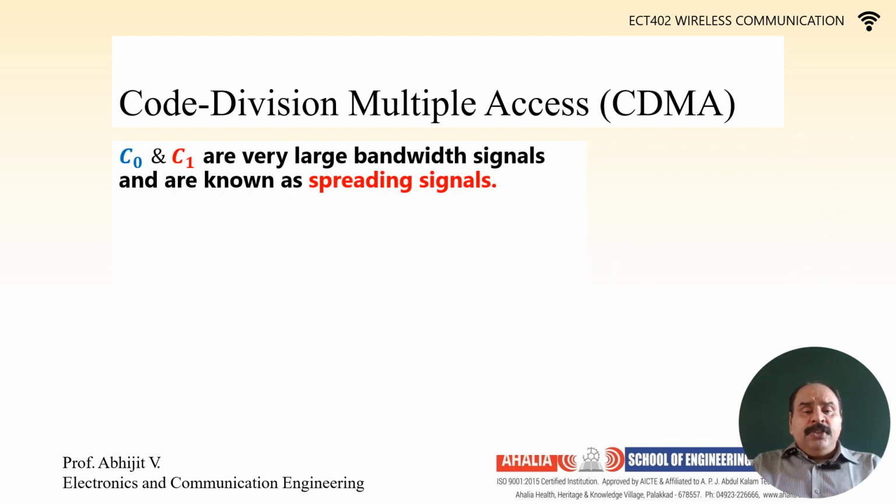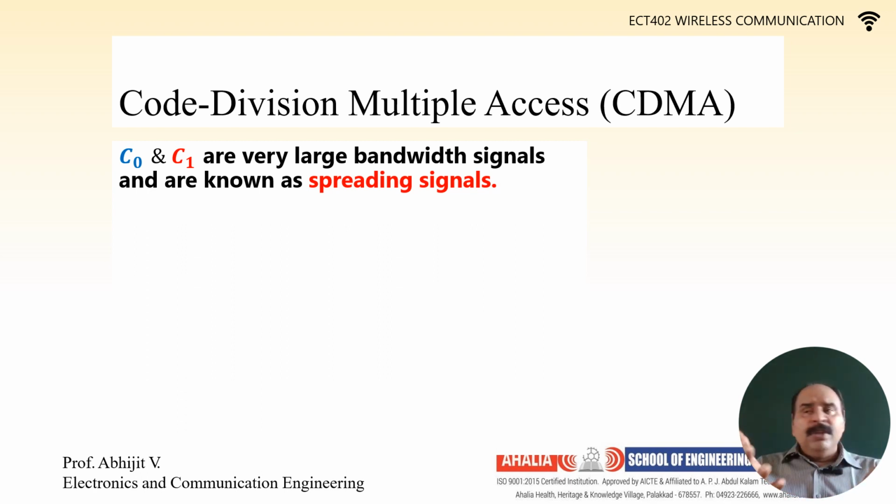C0 and C1 are the codes, generally large bandwidth signals, and are known as spreading signals. For you to understand the concepts, I gave you C0 and C1 as very simple signals consisting of only ones and minus ones. But in reality, we can have complex algorithms.